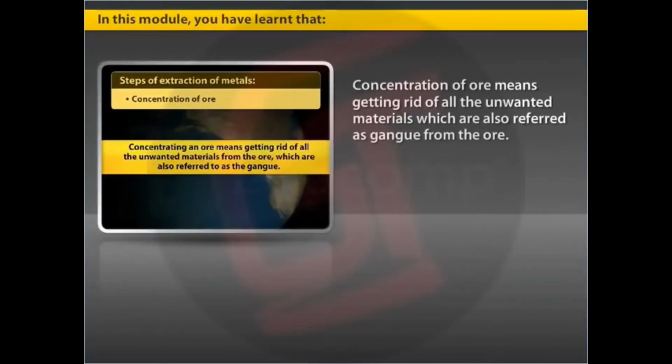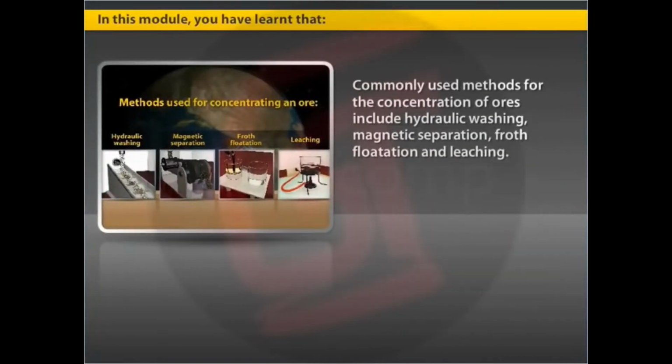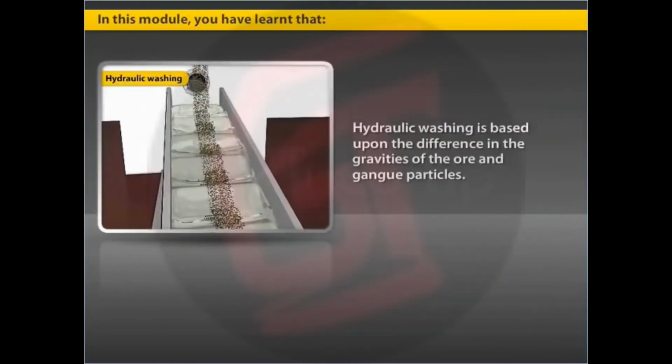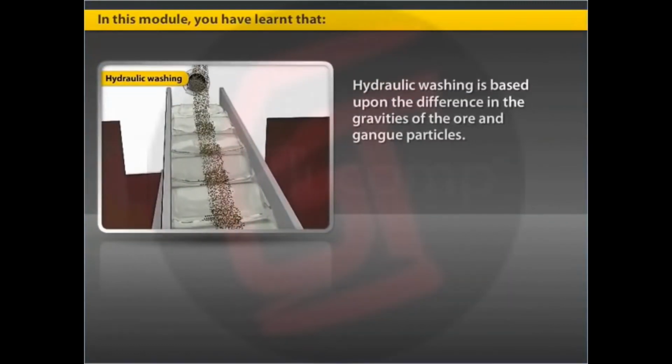Concentration of ore means getting rid of all the unwanted materials, which are also referred to as gangue, from the ore. Commonly used methods for the concentration of ores include hydraulic washing, magnetic separation, froth flotation, and leaching. Hydraulic washing is based upon the difference in the gravities of the ore and gangue particles.